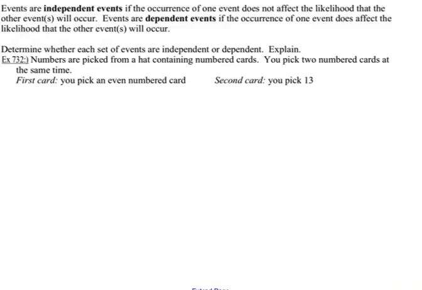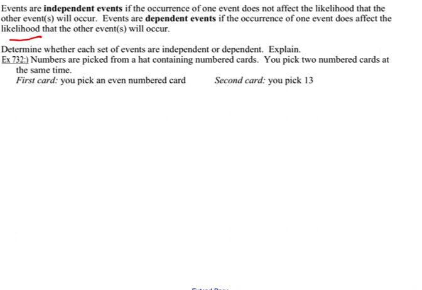Events are independent events if the occurrence of one event does not affect the likelihood that the other events will occur. Events are dependent events if the occurrence of one event does affect the likelihood that the other event or events will occur. Now, likelihood, that's if it affects the probability, it affects its likelihood.